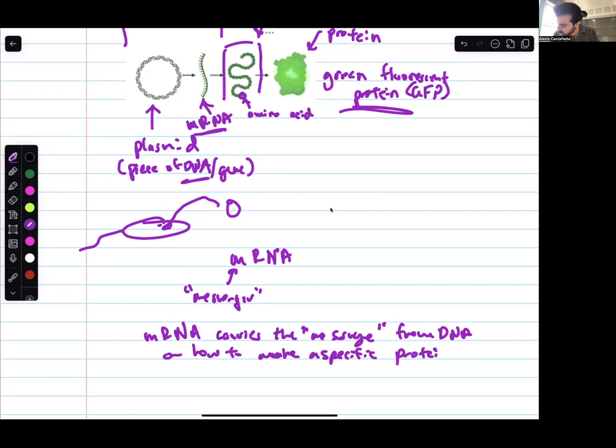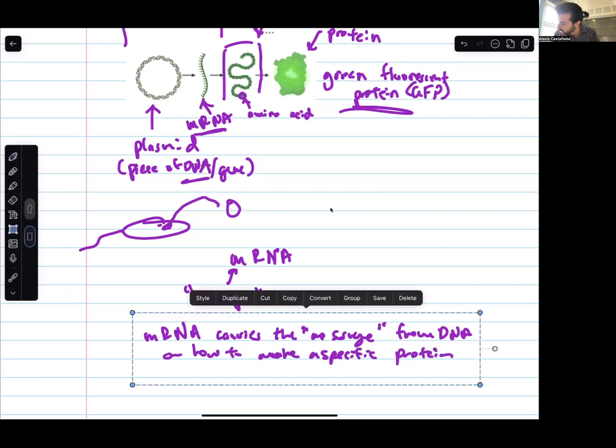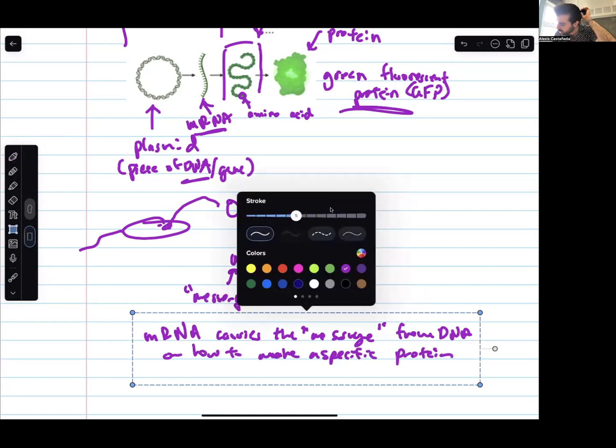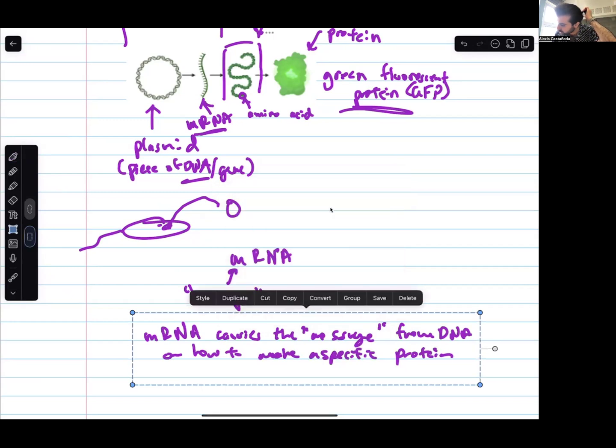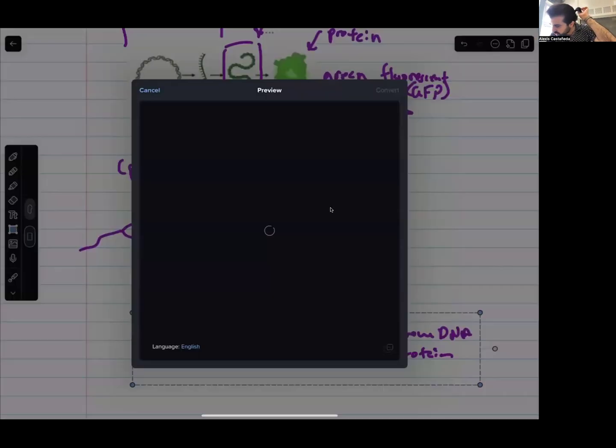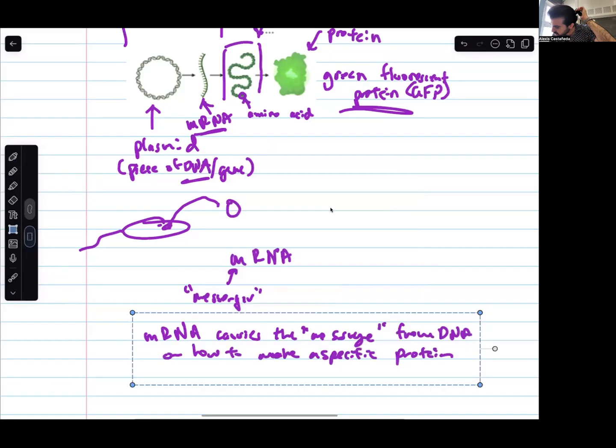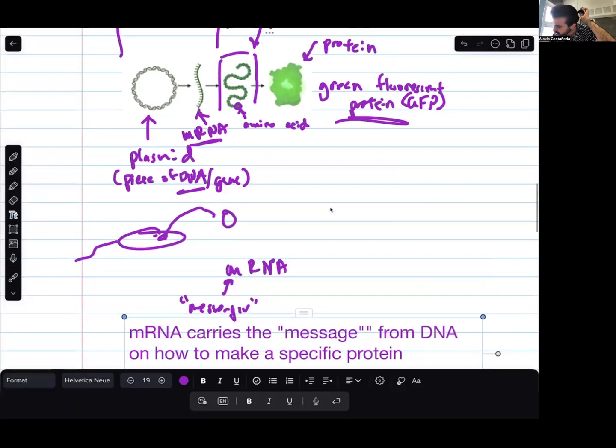So if there's a specific protein you want to make, you're going to find those directions in the DNA, and you're going to convert it to an mRNA, and then that mRNA will tell the ribosome how to make that specific protein. So in this case, we're doing basically the same thing.